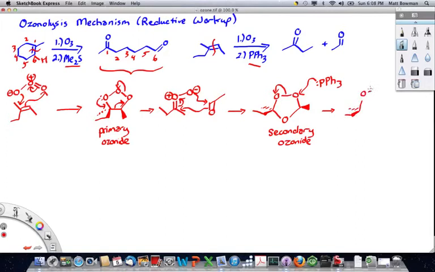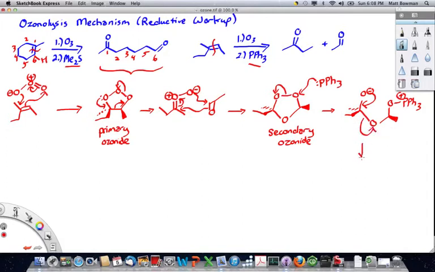The result is you get this O- here. And this O- can come down and create a carbonyl by kicking this oxygen off.